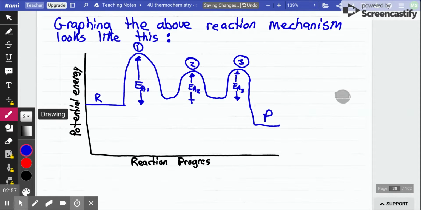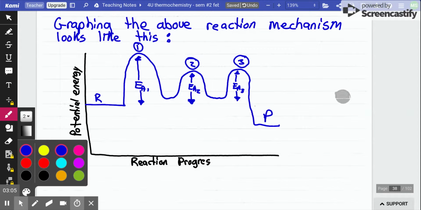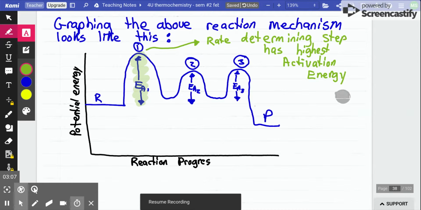And that should make sense, because it's the reaction step that is slowing things down. Okay, so our rate determining step has the highest activation energy.